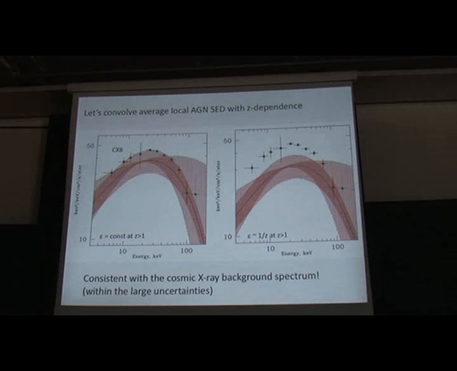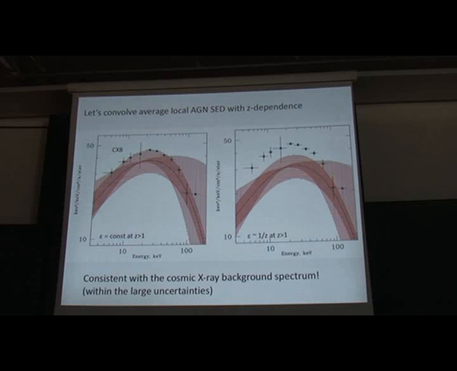Then we can compare this cumulative emission of all AGNs in the whole universe to the CXB, the cosmic X-ray background. And these are points of the cosmic X-ray background measured with INTEGRAL, for example. And this is the shape of the spectra we can predict, convolving all our assumptions and our measured spectrum of AGN.